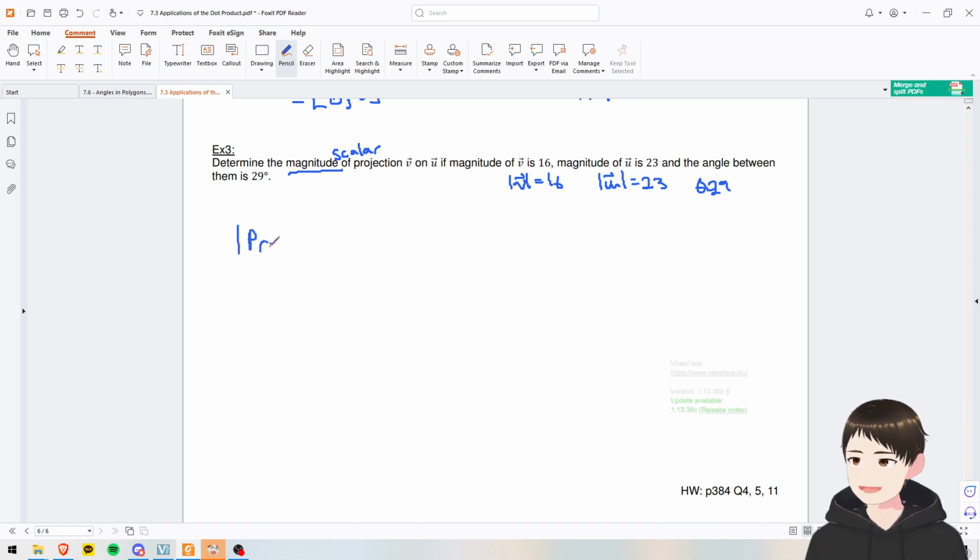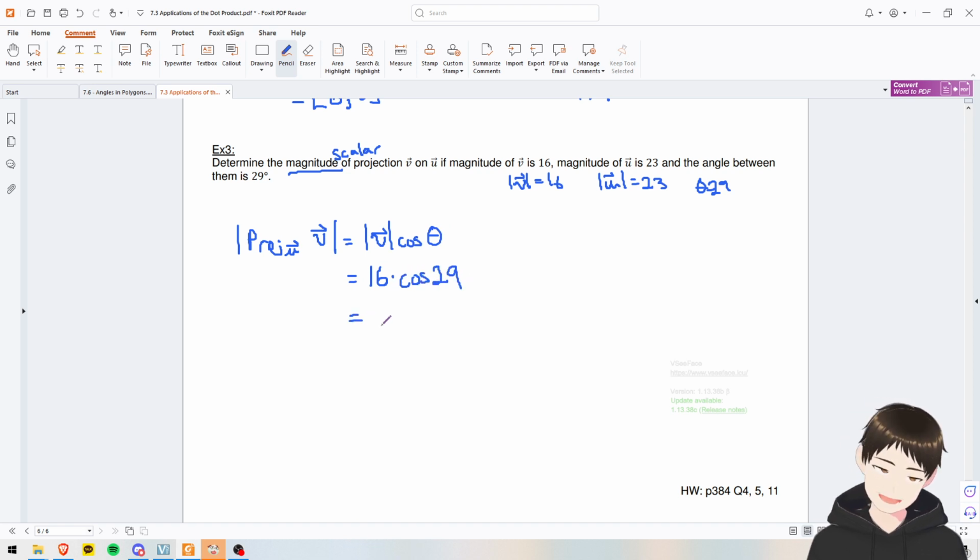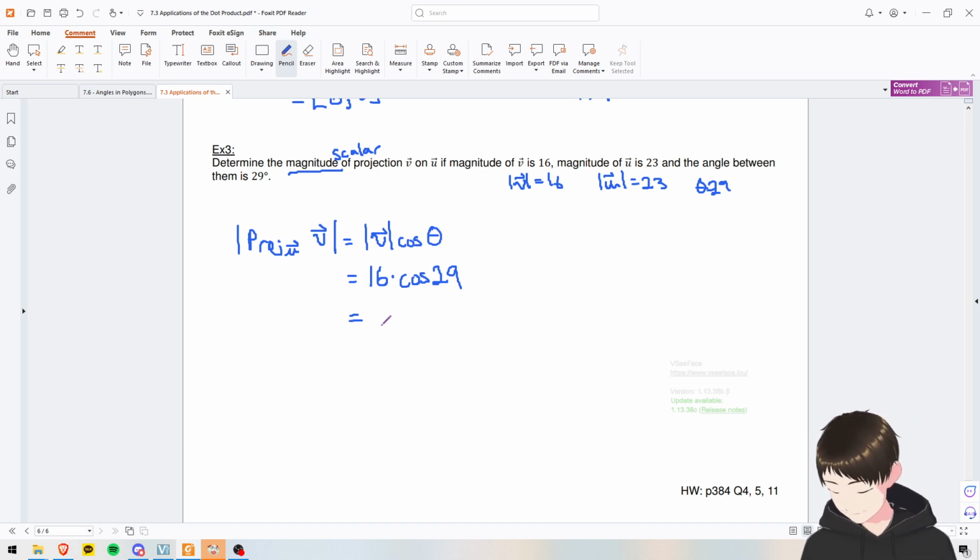The projection of v onto u means I am interested in the magnitude of v times the cosine theta. That would be 16 cosine 29, and that's it. Now let's take a look at what that answer is. 16 times cosine 29 is 13.99, approximately 14 units, whatever that might be.